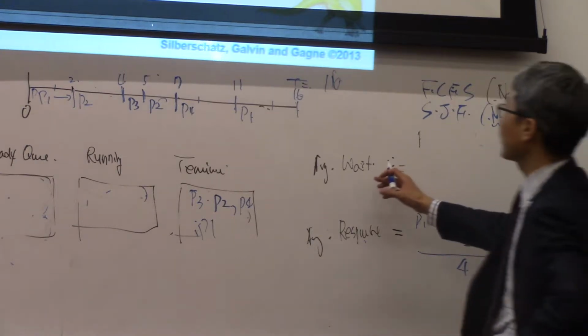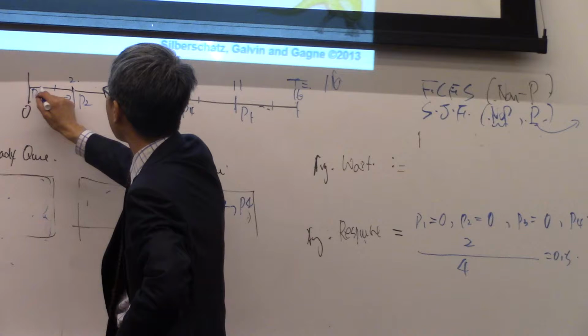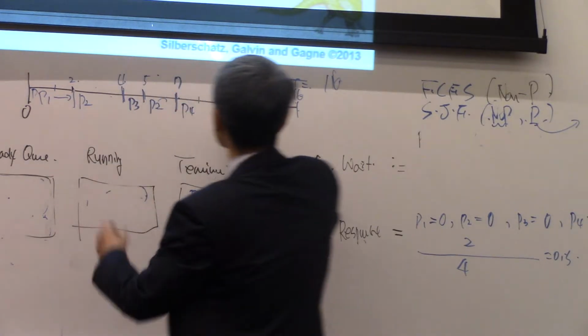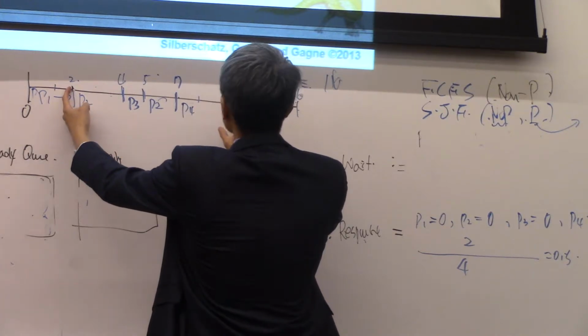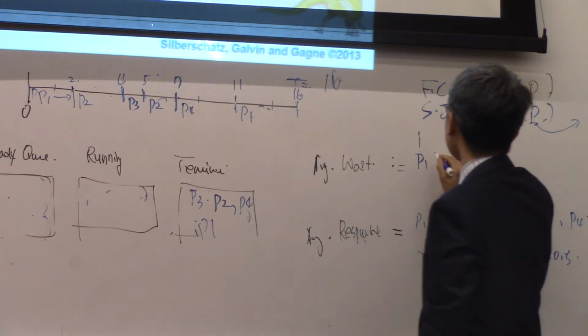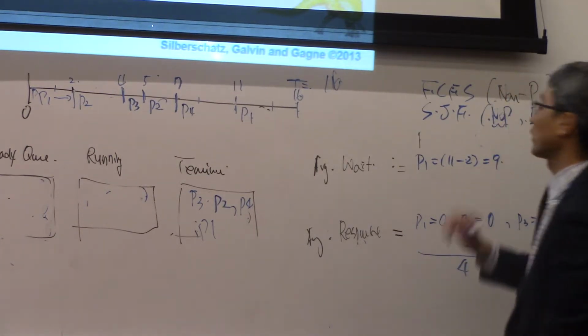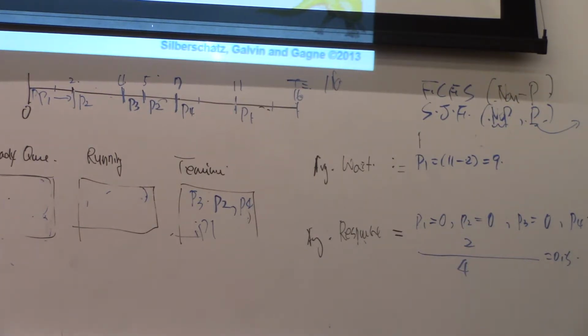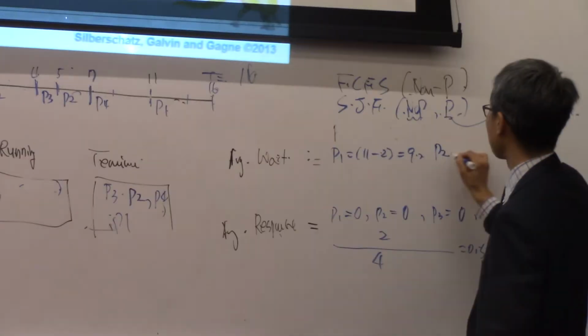And what about the waiting time? P1 is selected at 0, no initial wait, but until it terminates it waits from 2 to 11, so 11 minus 2 is 9. So waiting time and response time are different in this case.